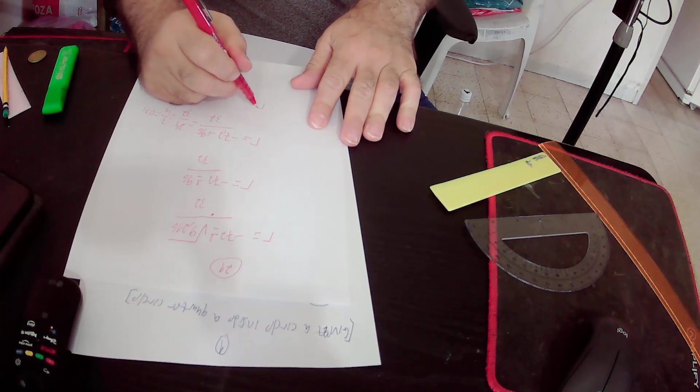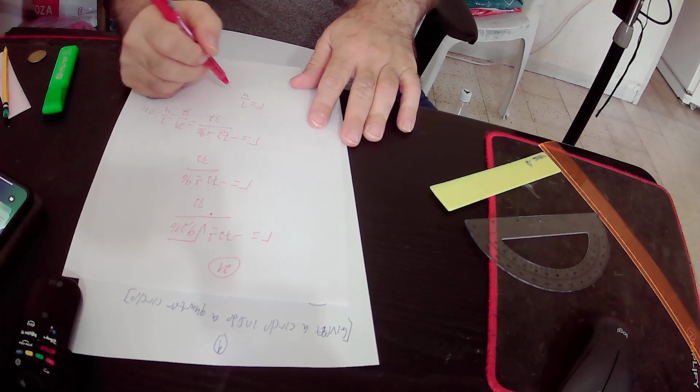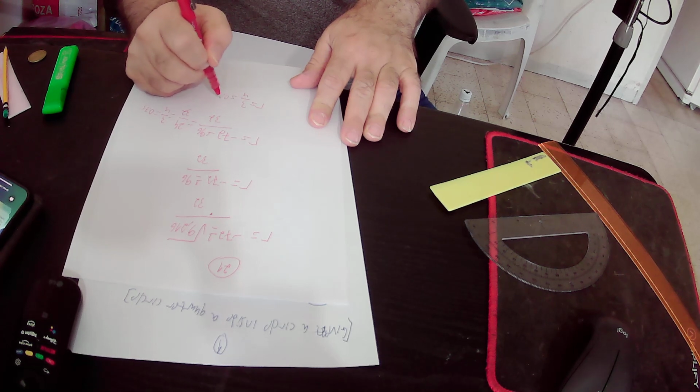So r, one solution is that r equals to 3 over 4, that equals to 0.75 units.